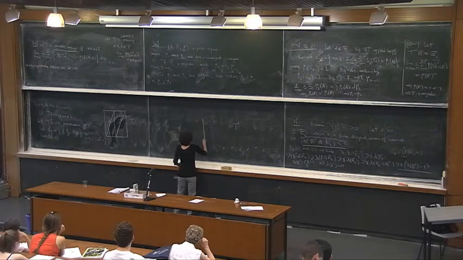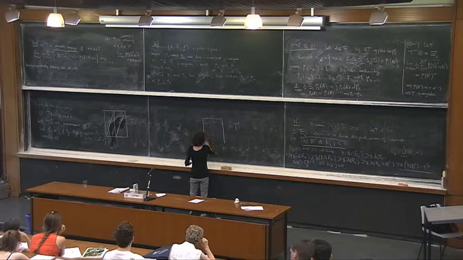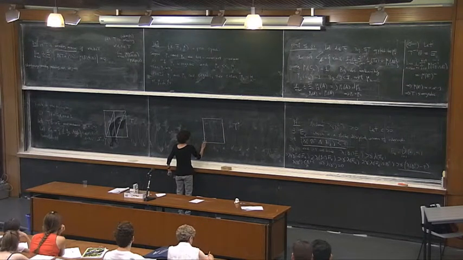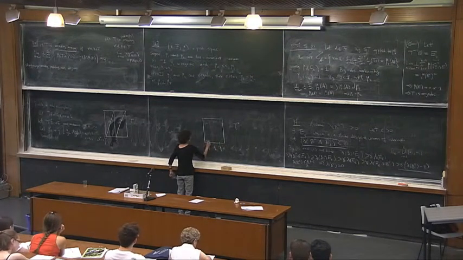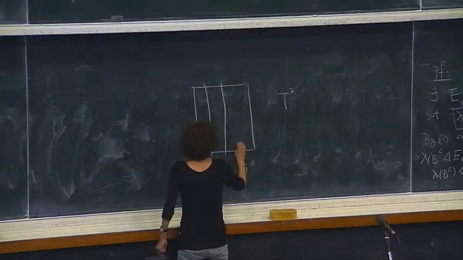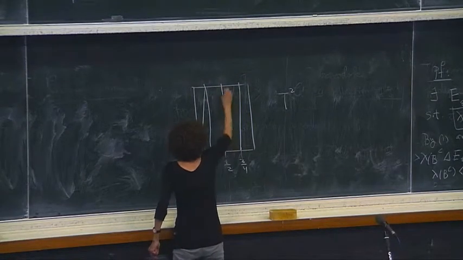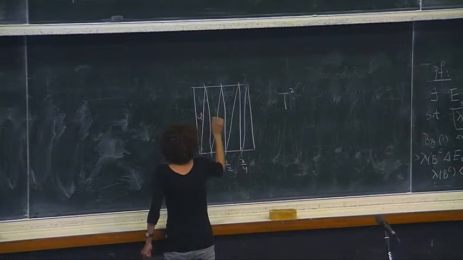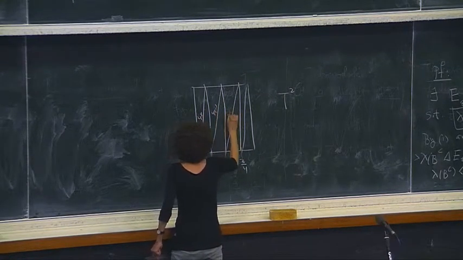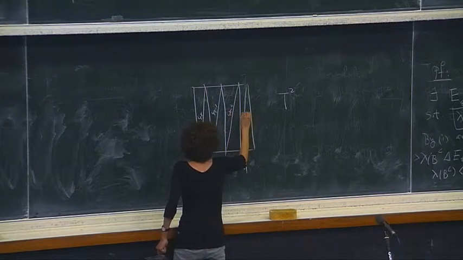So T squared is, in fact, simply this thing here: 4x, 4x minus 1, 4x minus 2, 4x minus 3.